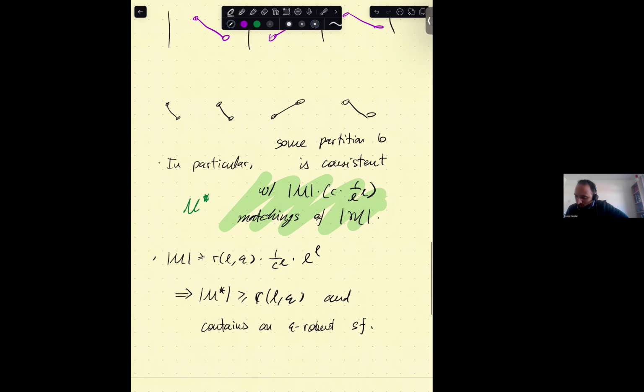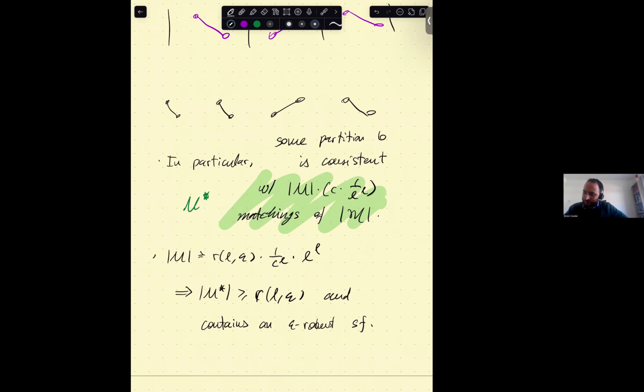Good. So we are just going to concern ourselves with this M star family, and for simplicity, say that M star is just M, because we're never going to talk about M anymore.